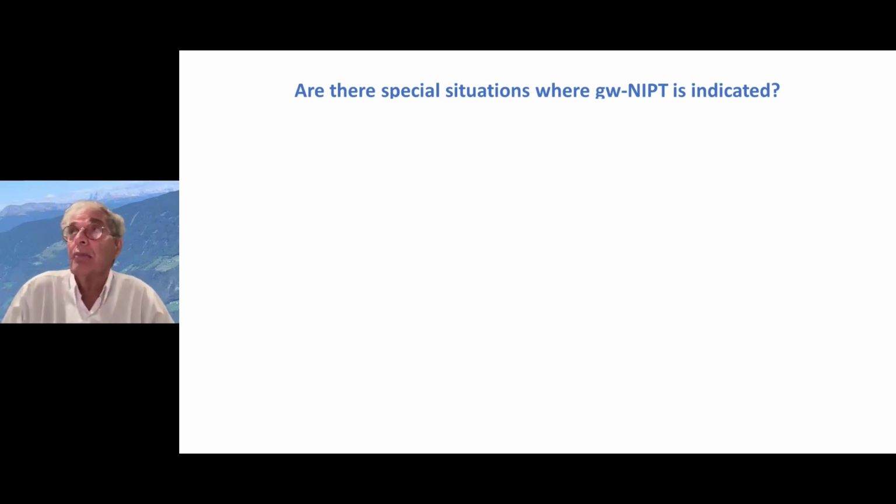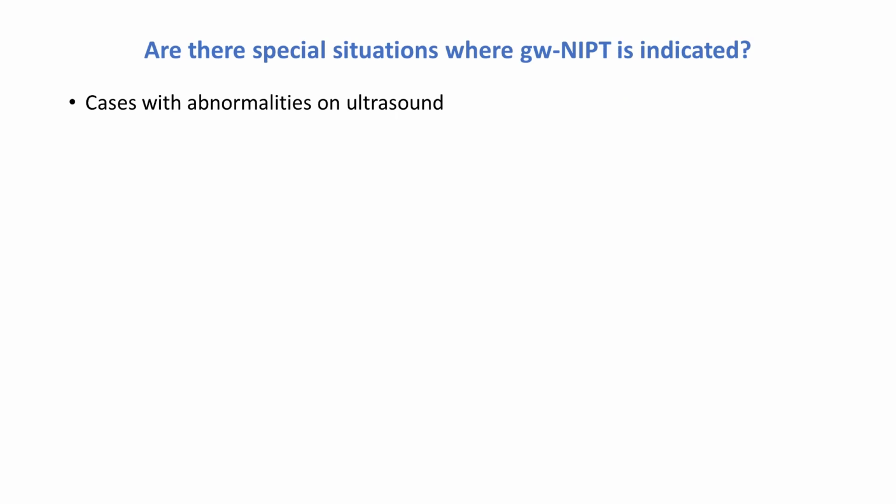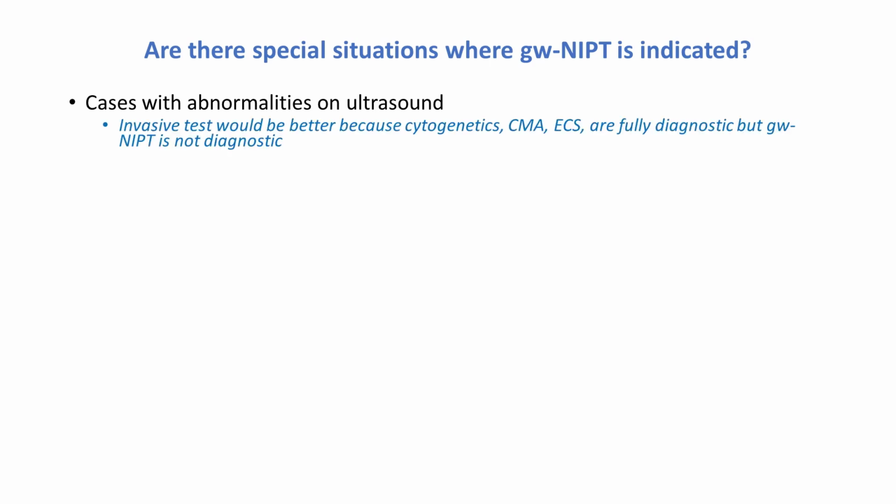So the first thing that people ask me about most commonly would be cases with abnormalities on ultrasound. And the answer here is quite definitely that you really need an invasive test when there's abnormalities on ultrasound. And the reason is because you need to be able to not only look for gross chromosome abnormalities, you need to look at the smaller things, which only the microarray will do on an invasive test sample.